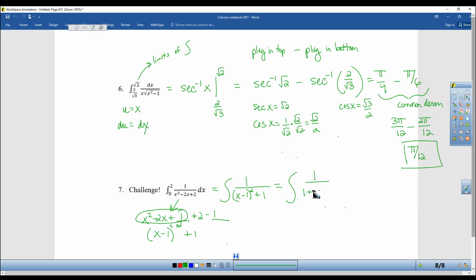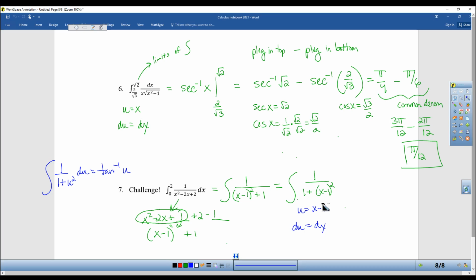Which now I'm going to just reverse. Why did I reverse it? So that it would look like tangent. Notice that there's no square roots. So the only one that doesn't have square roots associated with it is the tangent. Inverse tangent of u. So my u must be x minus 1, but my du is just dx.